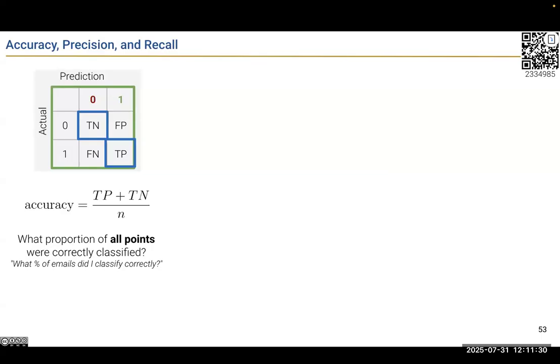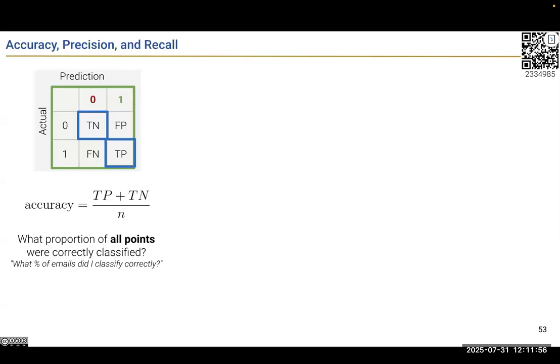This is defined as the number of true positives plus the number of true negatives over the total number of data points. The interpretation of this in English is: what is the proportion of all points that are correctly classified?